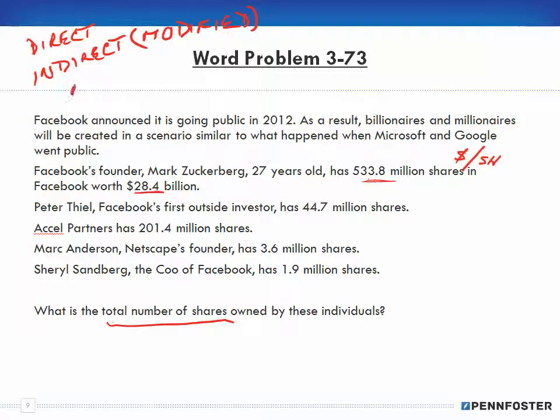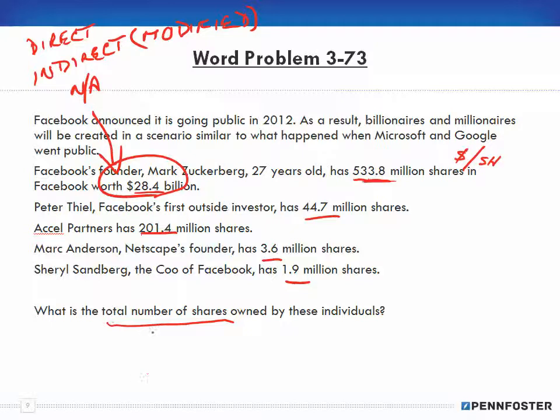And you also have information that has nothing to do with it, that's not applicable to solving the problem. So as I'm reading through here, the problem is asking me what is the total number of shares. So I'm going to add up the 533, the 44.7, 201.4, 3.6, and 1.9. But this here, 28.4, is one of those bits of information that has nothing to do with solving the problem.